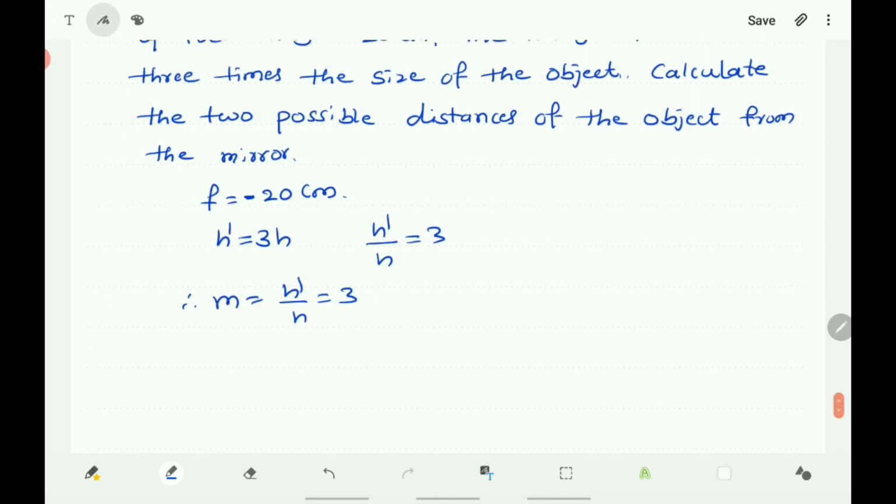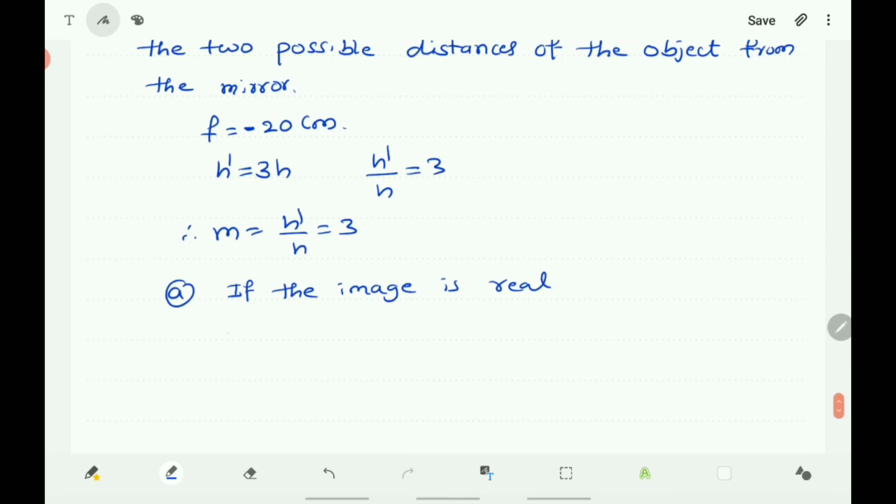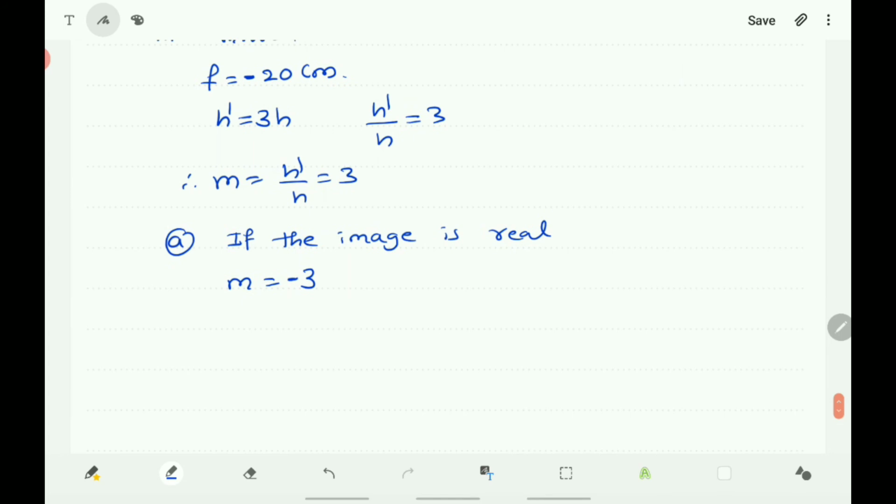And so let us take the first case. If the image formed is real, then we know that the magnification is negative 3 for the real image. So you have to take m is equal to minus 3 for the real image.